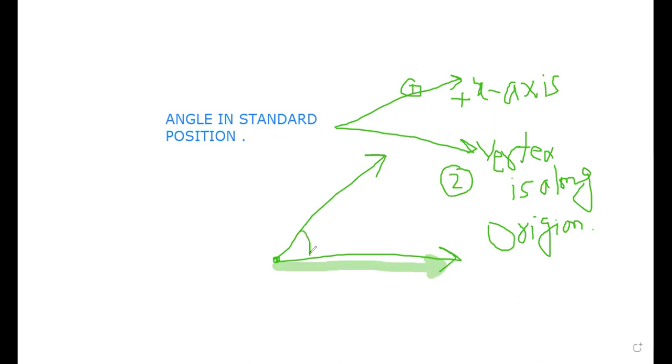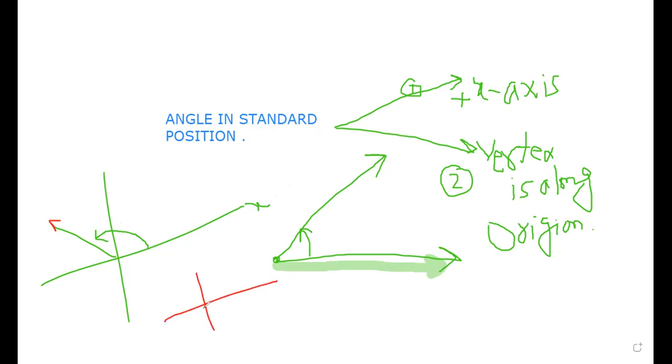Similarly, this is our angle in standard position. If I draw another angle, we will take its position from the positive x-axis, because this is the positive x-axis. So this is our angle in standard position. Similarly, if I draw this, it will be an angle in standard position.